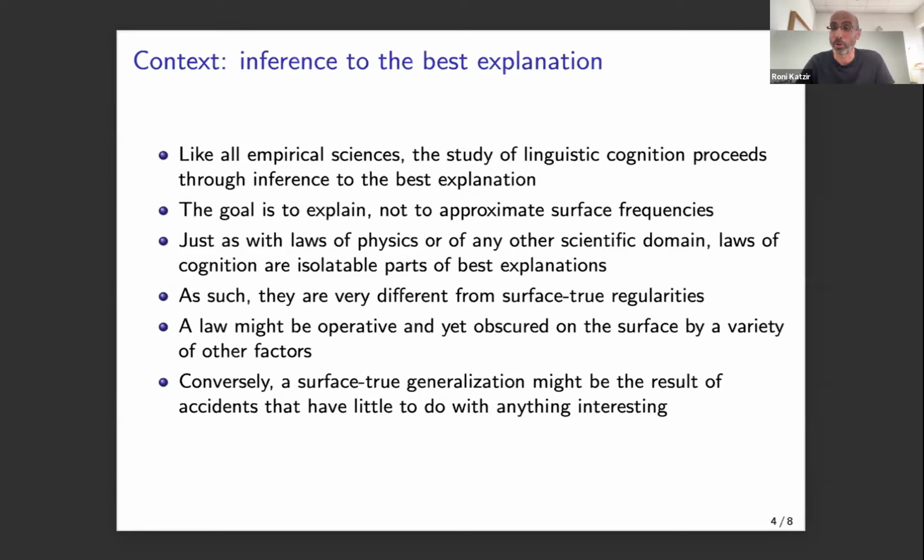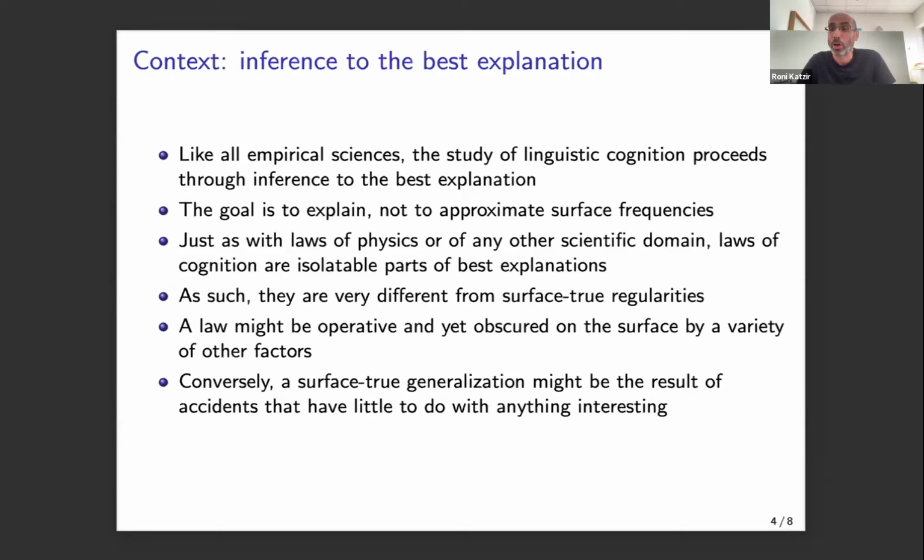But when we're doing empirical science and trying to understand how the world is, then the only way in which we can make progress is by inference to the best explanation, sometimes referred to as abduction, also can be framed in terms of Bayesian inference. And we try to explain. We don't try to approximate surface frequencies. We try to understand the mechanism. We try to understand how things are.